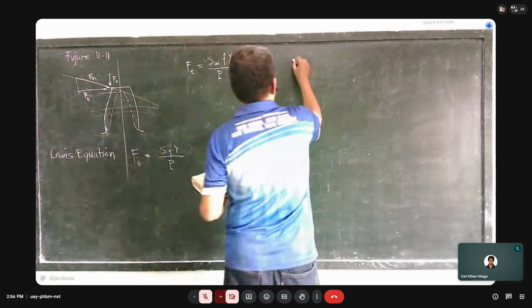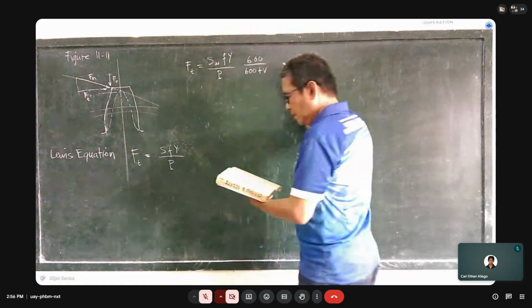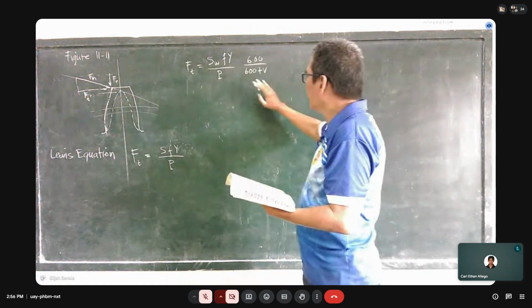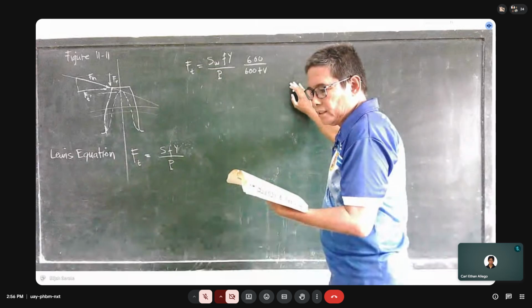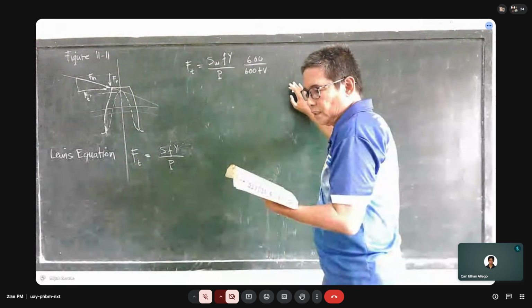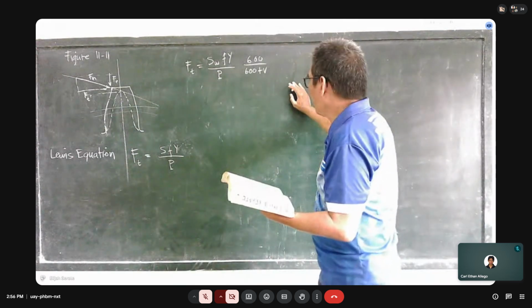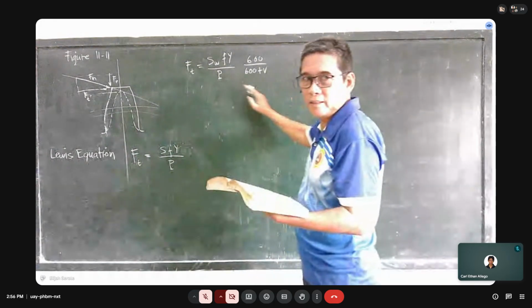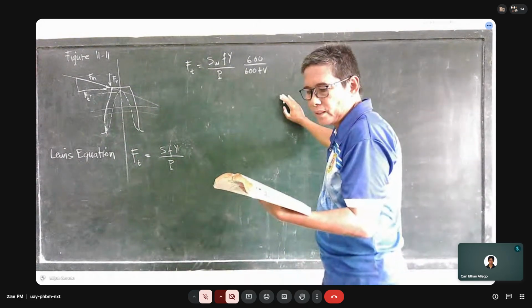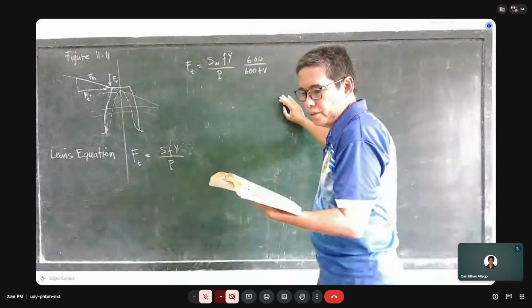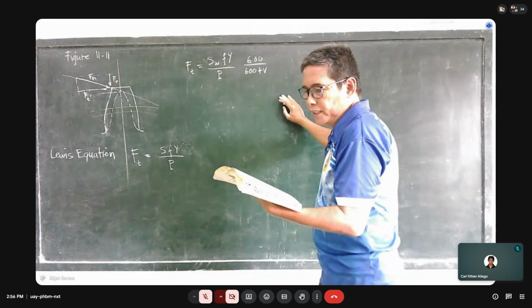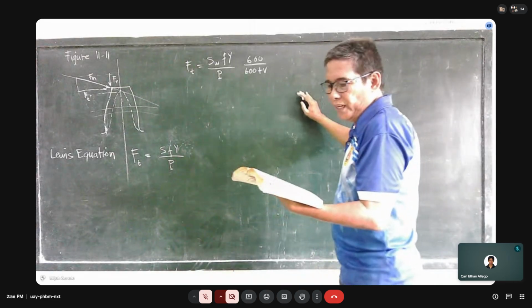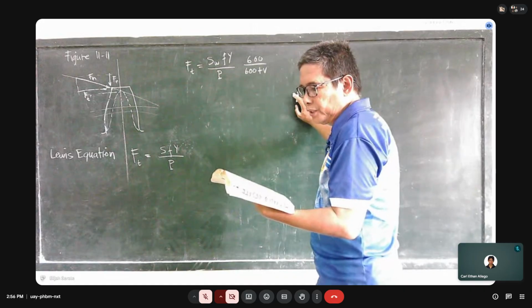What is the appropriate use for this formula? Look at 11-12, Lewis. V is the pitch line velocity in feet per minute.